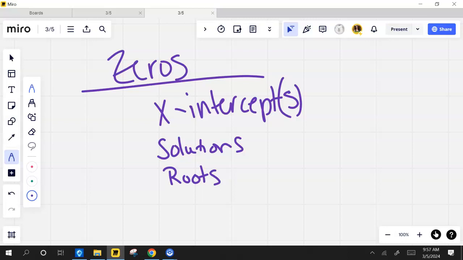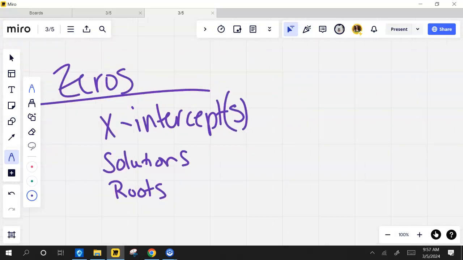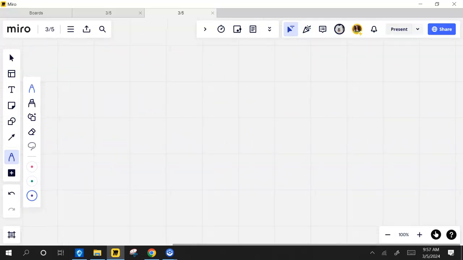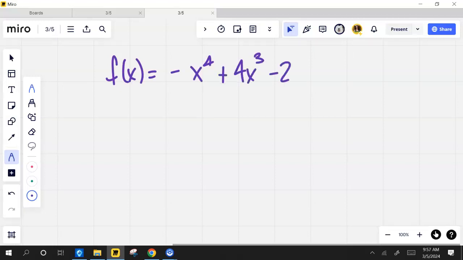All right, so let's graph one and see if we can identify the zeros. Let's do graph this for me quickly and let's see if we can find.